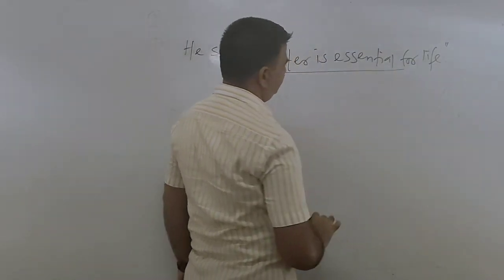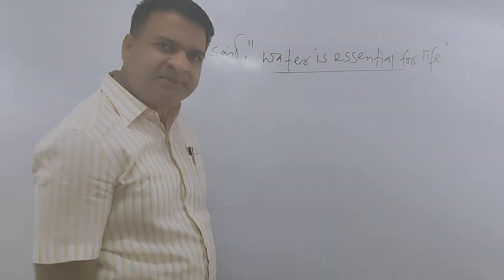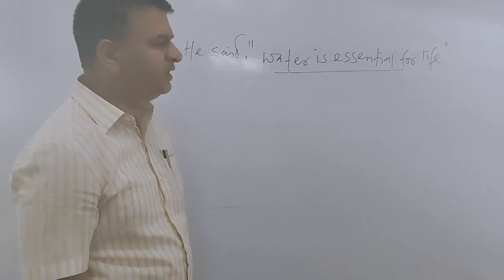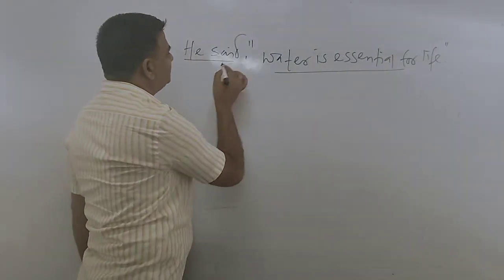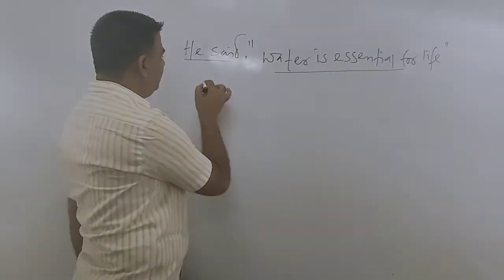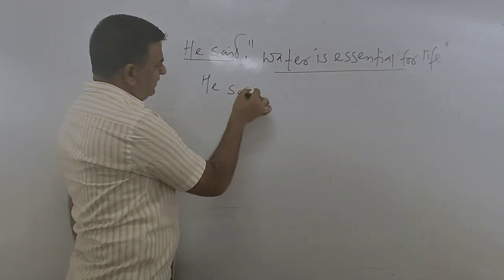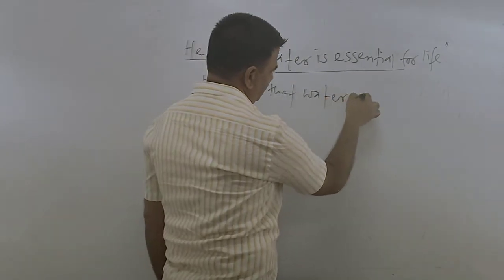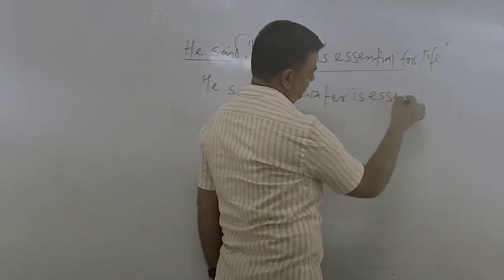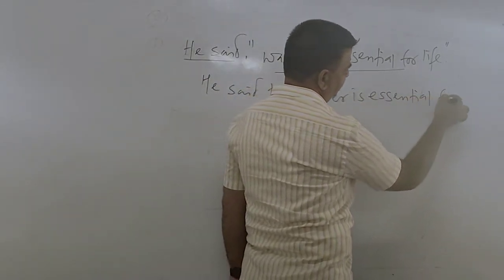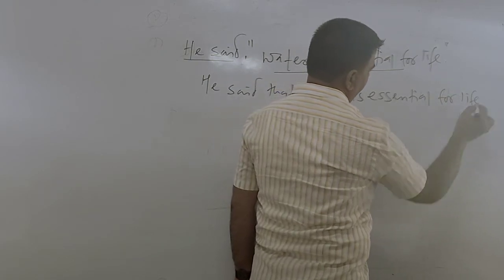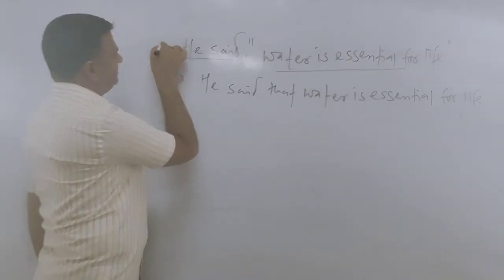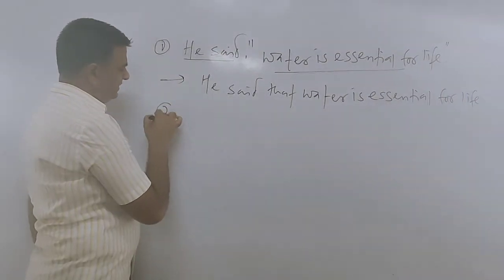So in such sentences, though it may be in simple present or simple future, we couldn't bring any change as per the previous rule. We simply say, he said that water is essential for life.